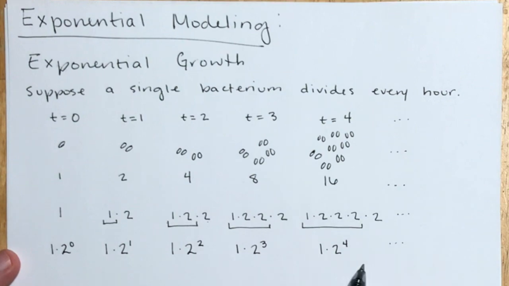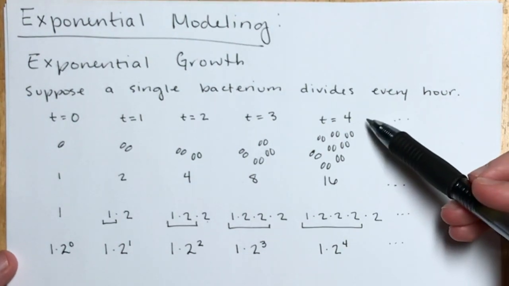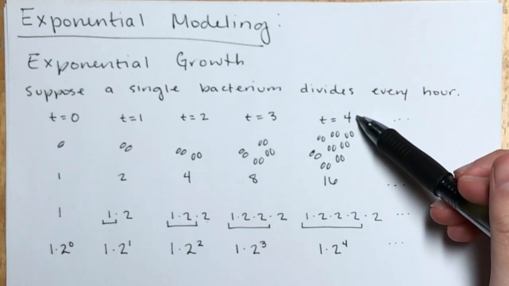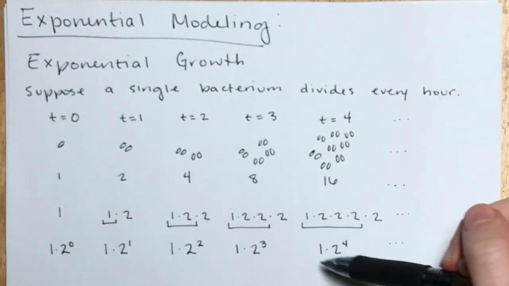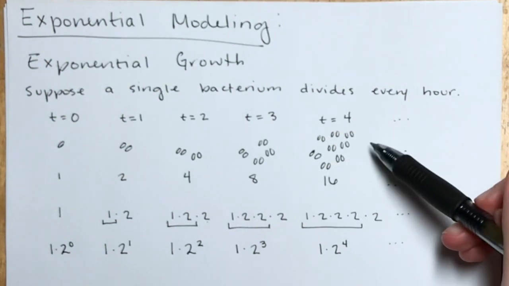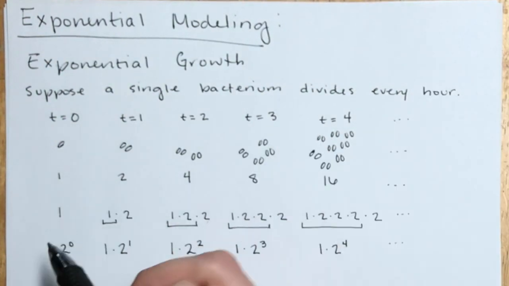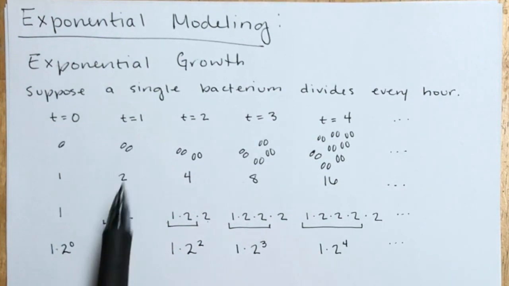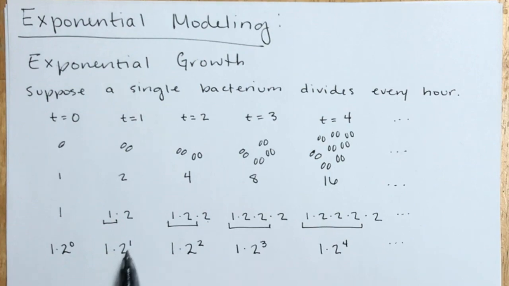So how can we write this more generally in terms of the time that's gone by? What do we notice when we compare what's written here to the time? At t equals 0, we have 1 times 2 to the 0. At t equals 1, we have 1 times 2 to the 1. At t equals 2, we have 1 times 2 to the 2. Every hour, our time matches the exponent on this 2 here.